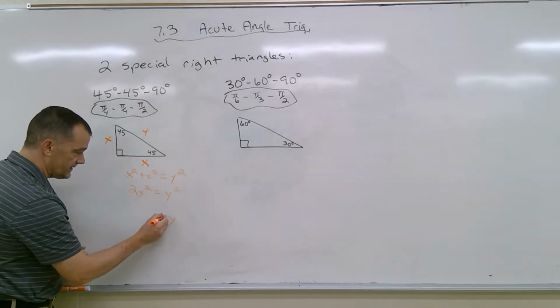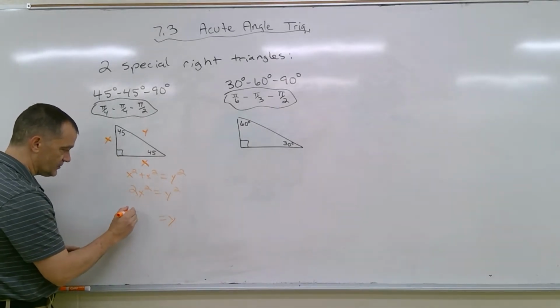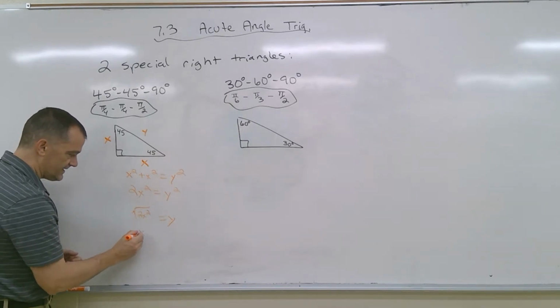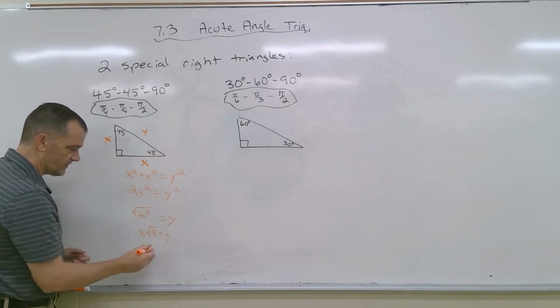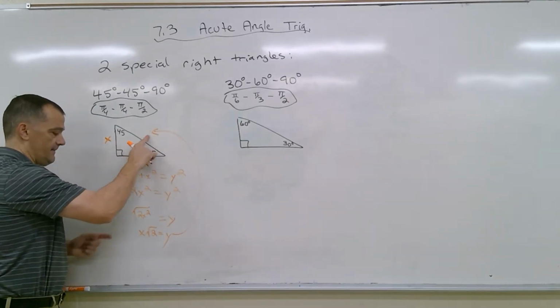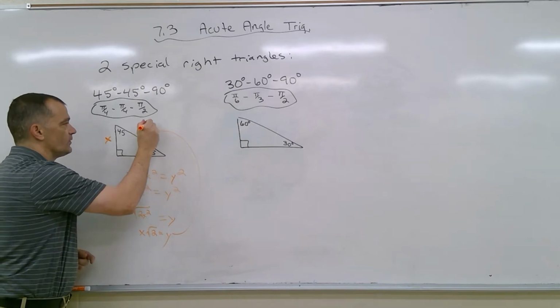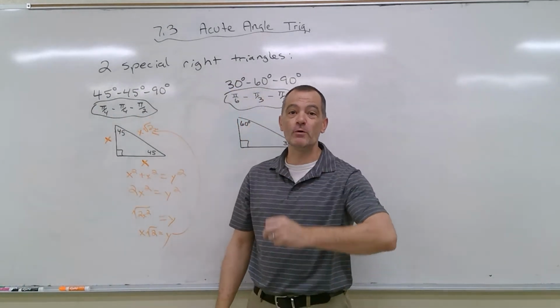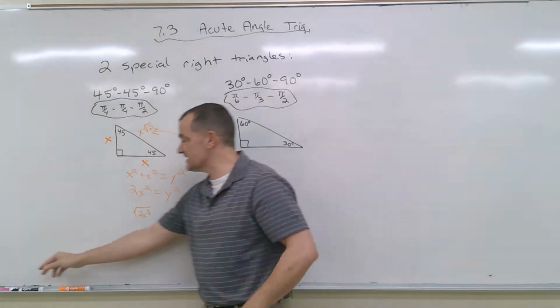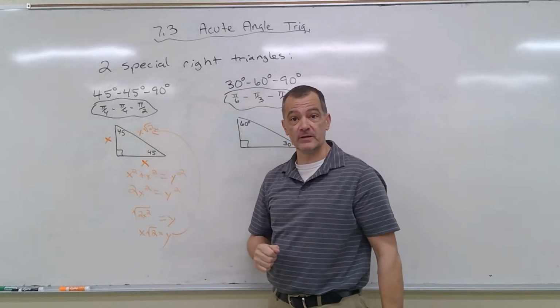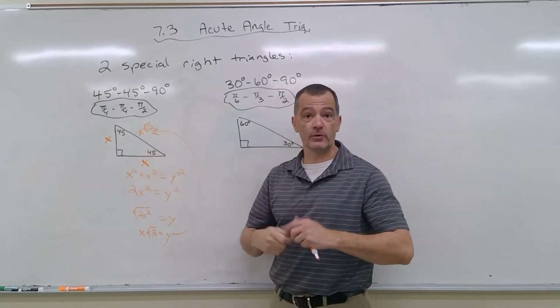The square root of 2x squared is x times the square root of 2. So now I can rewrite y as x square root of 2. So in every 45-45-90-degree triangle that exists in the universe, the sides follow this relationship: x, x, and x square root of 2.